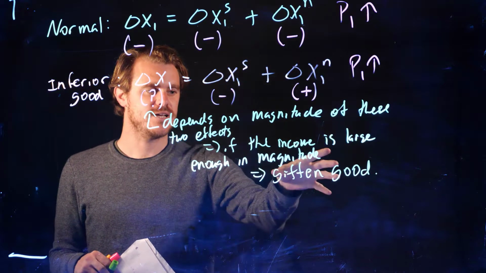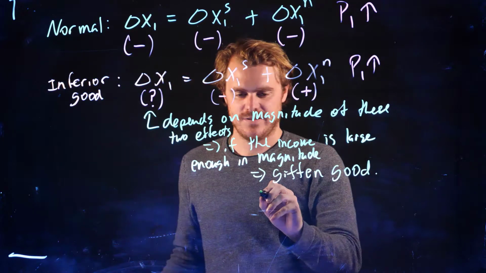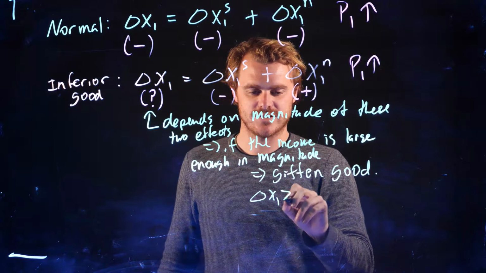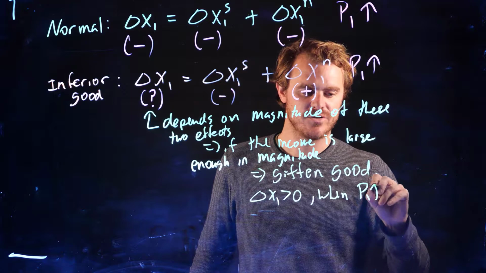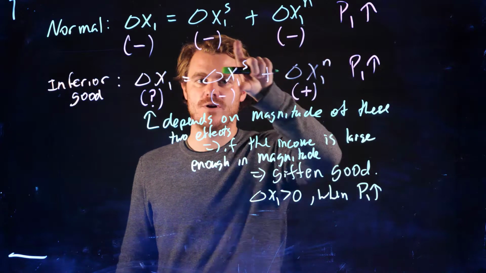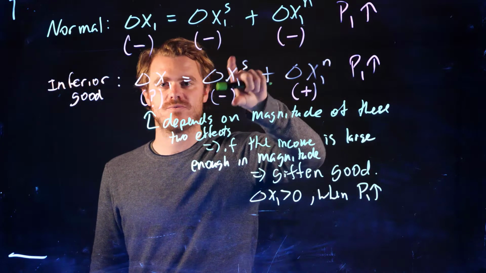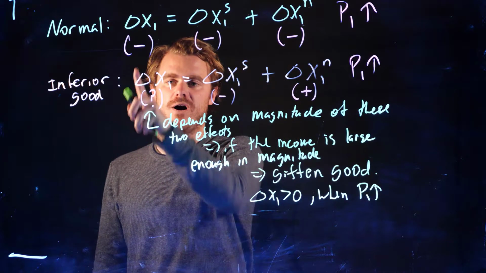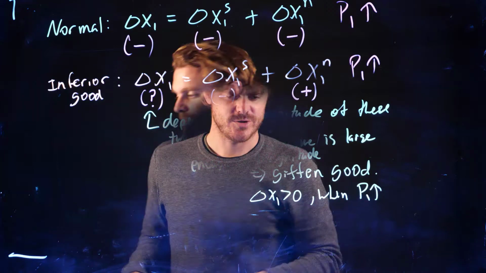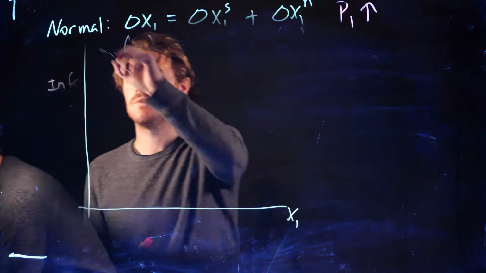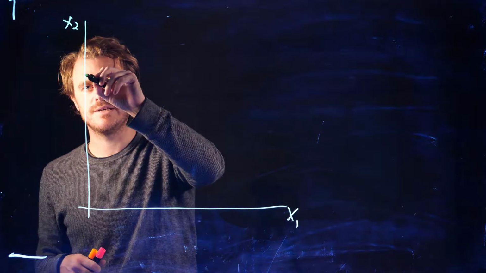And so here, a Giffen good means that the change in x1 is greater than 0 when P1 increases, because the second effect is overwhelming the first effect. So we have a positive increase in the quantity demanded of good one. Let's understand what that would look like graphically.